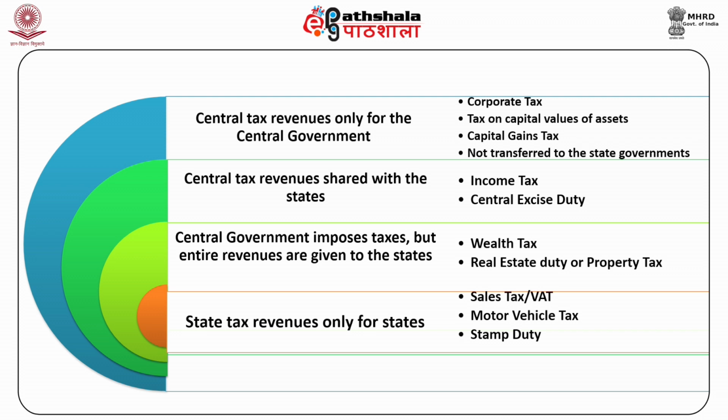For example, wealth tax and real estate duty or property tax. State tax revenues only for states. State governments levy and collect tax revenues. For example, sales tax or VAT, motor vehicle tax and stamp duty.